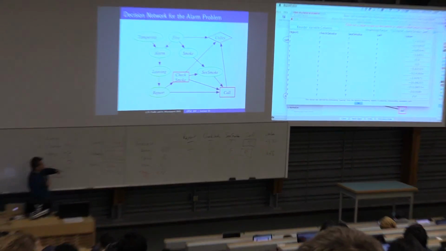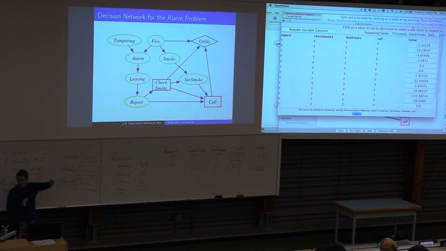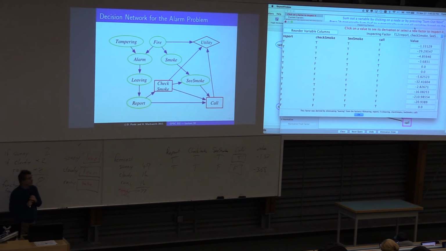The reason we can't optimize check smoke is that when we're going to check for smoke, we don't know the result of see smoke. So we can't optimize differently when see smoke is true and false, because we don't know that information. We can optimize call because when we call, we know the value of report and check smoke.